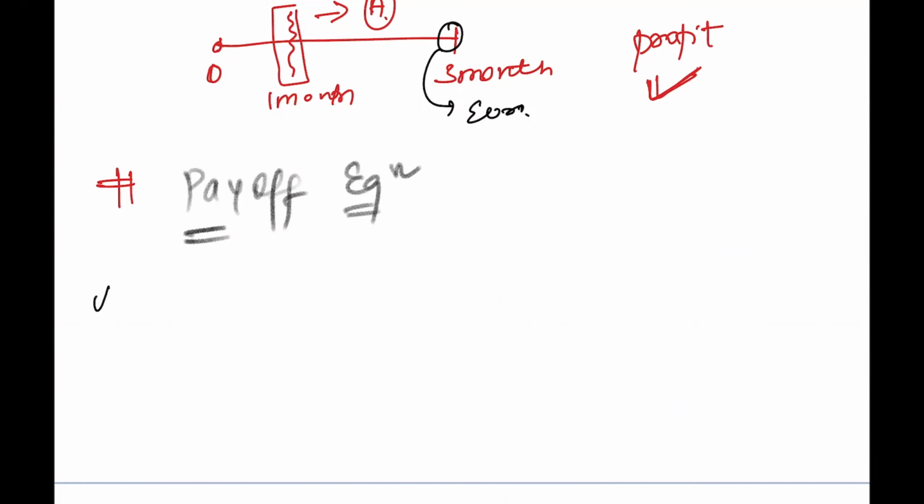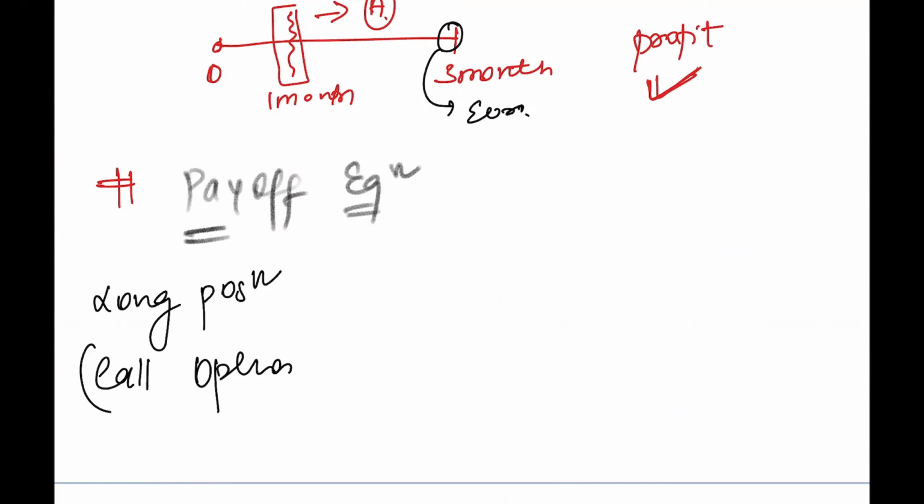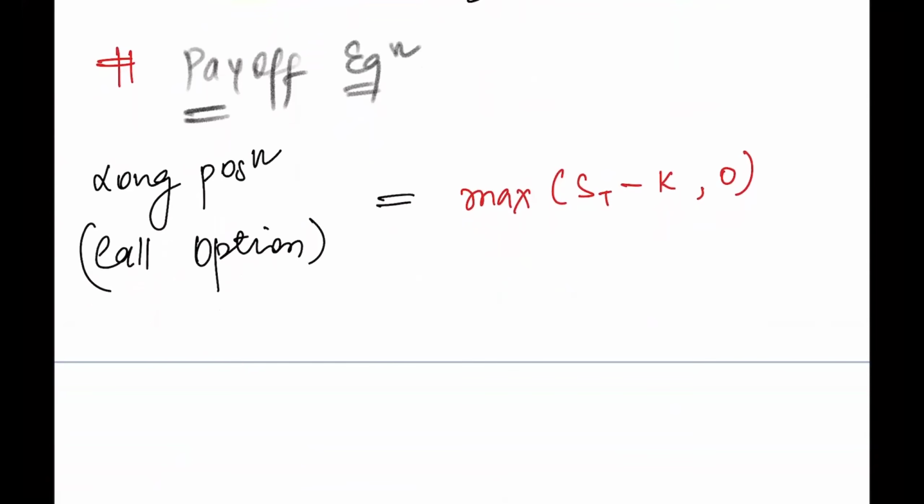For a long position in a call option, the payoff equation will be the maximum of ST minus K comma 0. This will be the equation for a long call option.